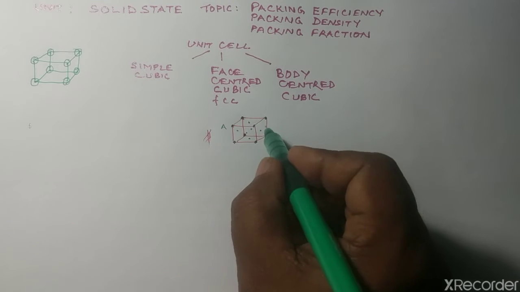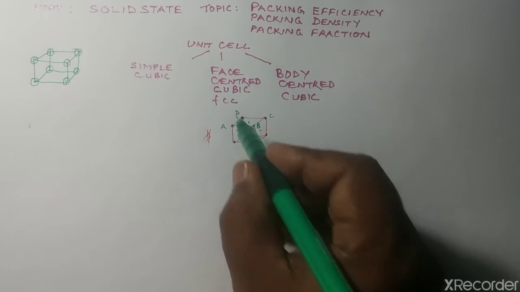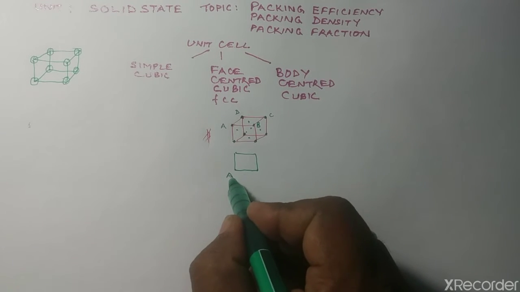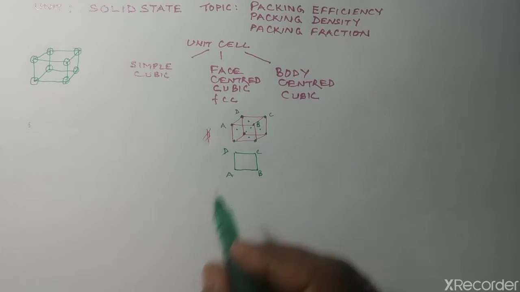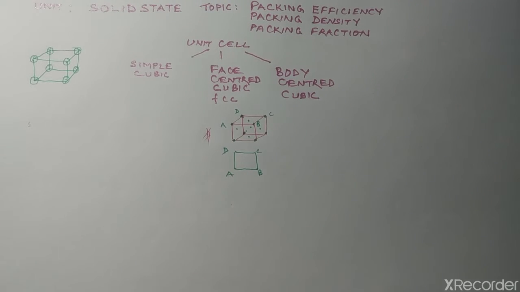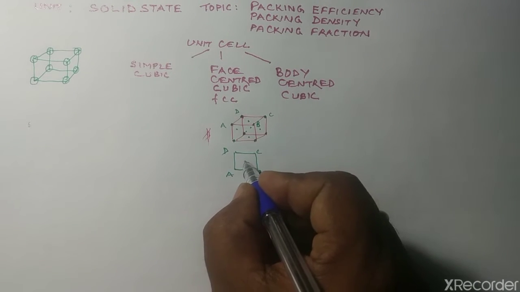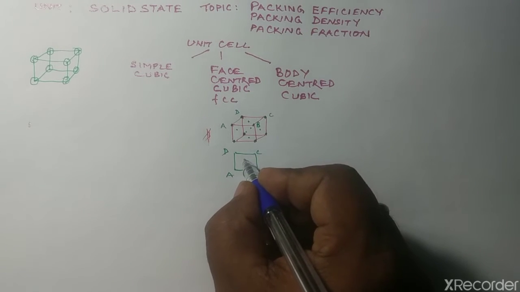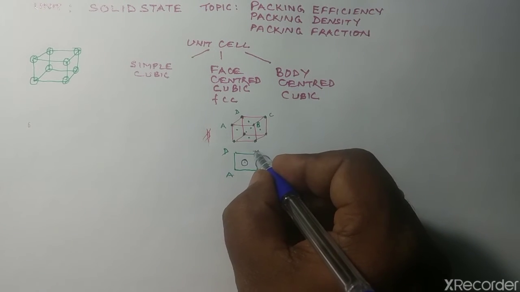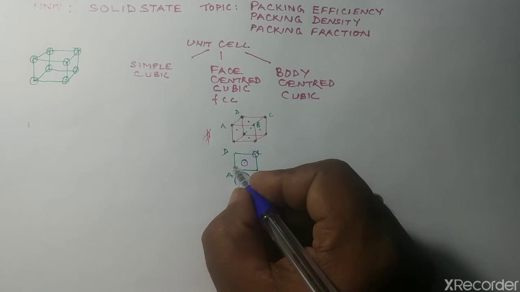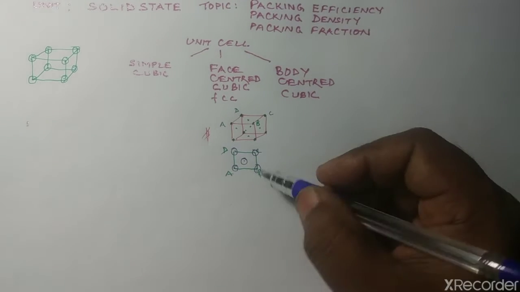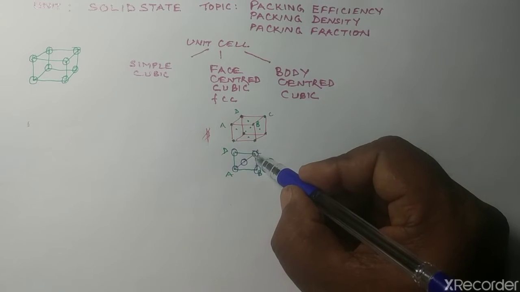If we see one face A, B, C, D, it looks like this. At the center of the face, at the intersection of the diagonals, one atom is there. At the corner also one atom is there, like this. And this is the face diagonal.